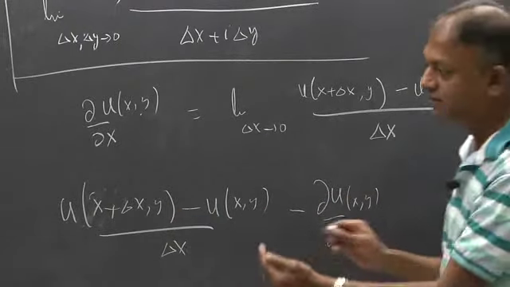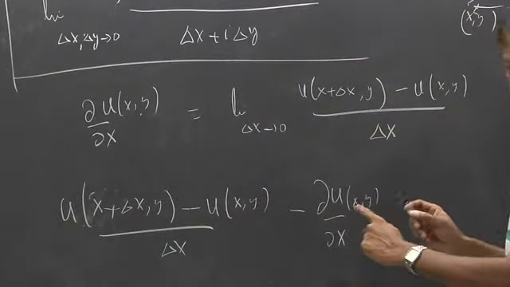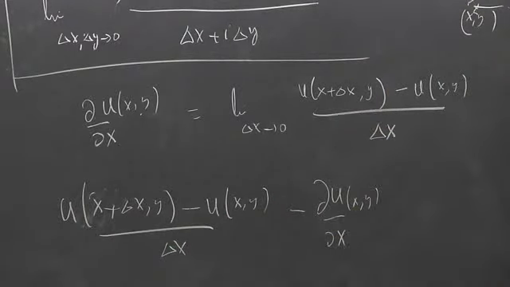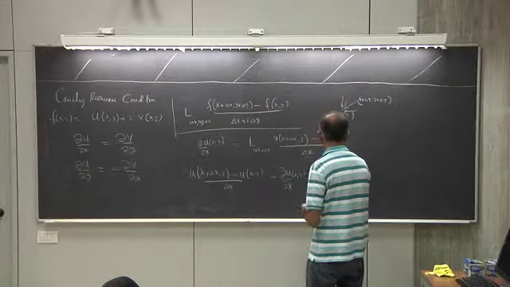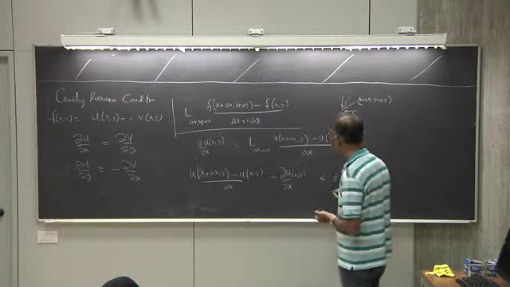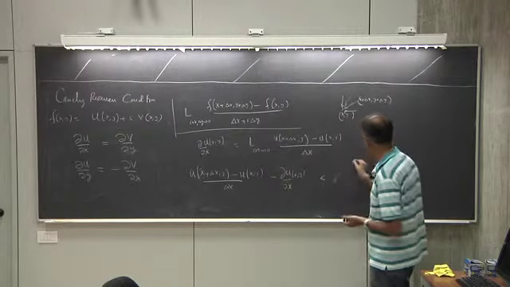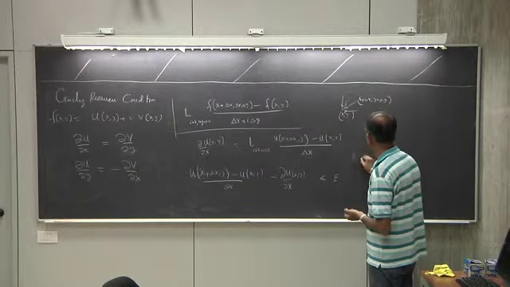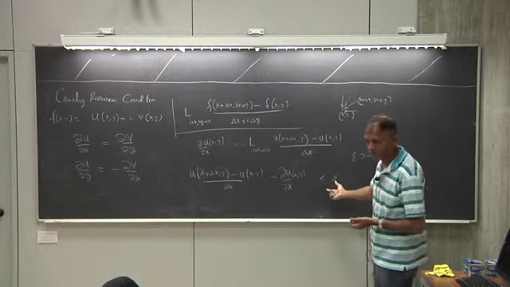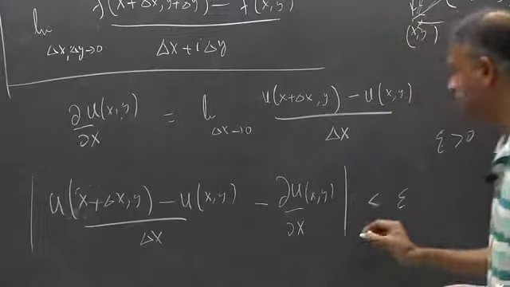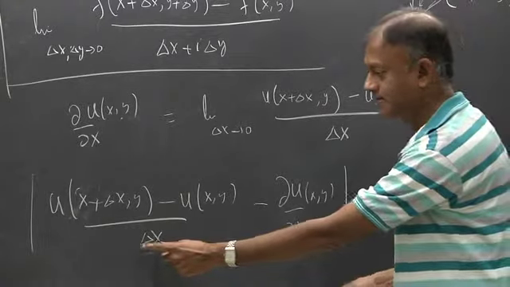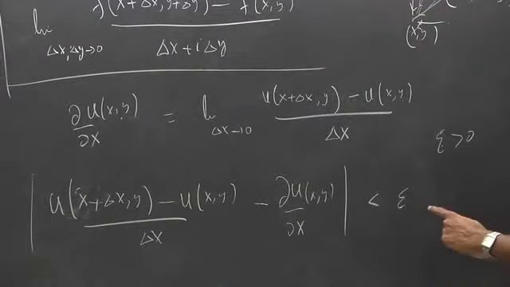So I can make the difference between these two smaller and smaller by choosing delta x smaller and smaller. I can take it to be less than epsilon, for any epsilon greater than 0, no matter how small. I can always choose delta x such that this is true.